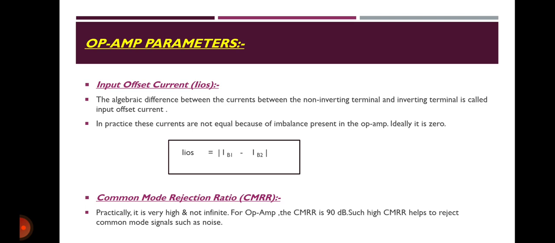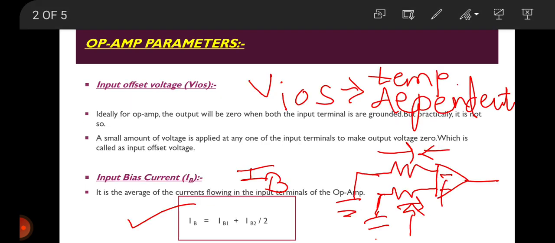Ideally the currents IB1 and IB2 must be 0, but for practical op-amp they do exist due to finite value of input impedance, that is Ri. Due to slight difference in the characteristics of transistors used in the input stage of an op-amp, the two currents IB1 and IB2 are not equal.